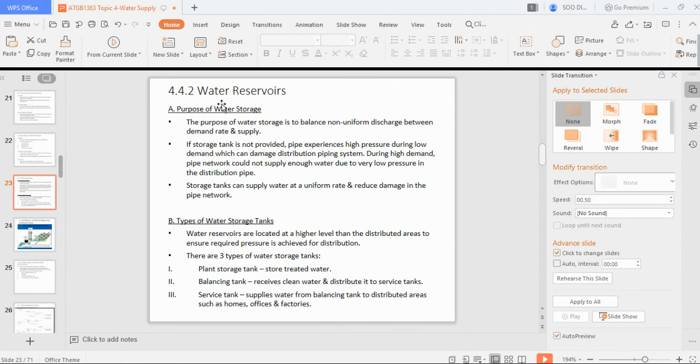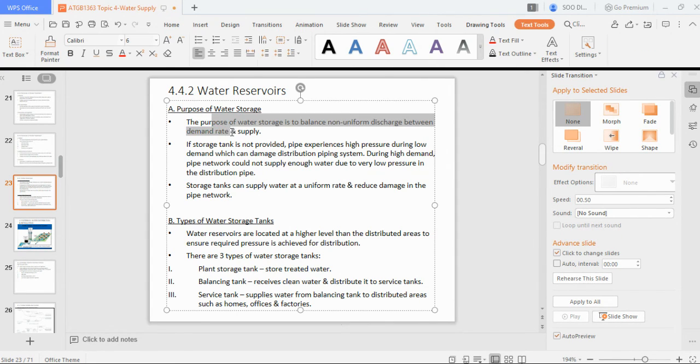So we have our water storage. The purpose of this water storage is to balance the non-uniform discharge between demand rate and supply. The meaning behind this is that we can supply water at a uniform rate, but the end users do not always use a steady amount of water.